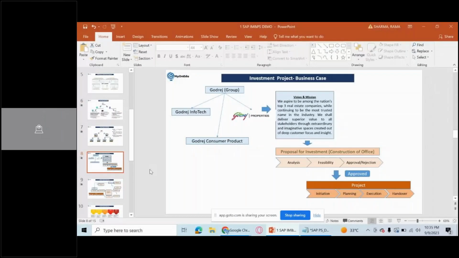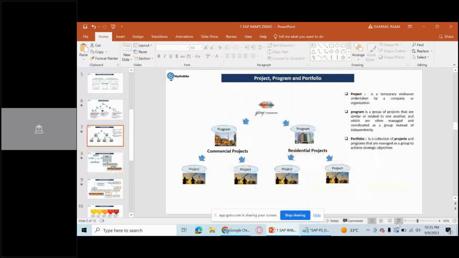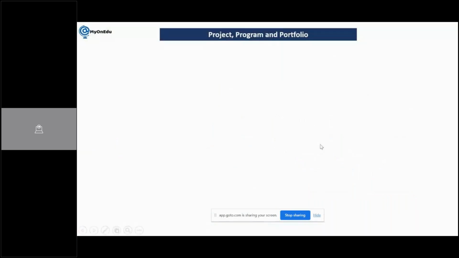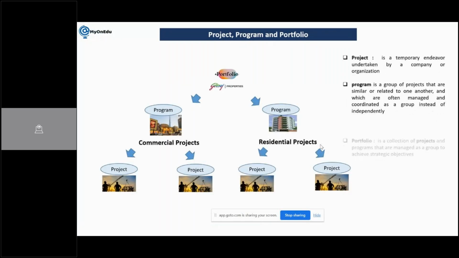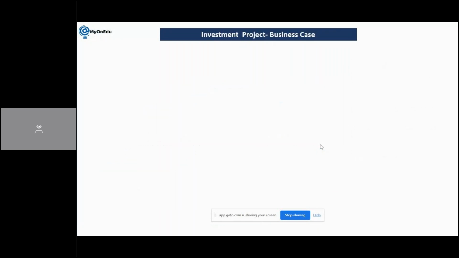Investment project. Okay, here we are. So program, portfolio, this is clear. Let me go to the next. Investment project business case.